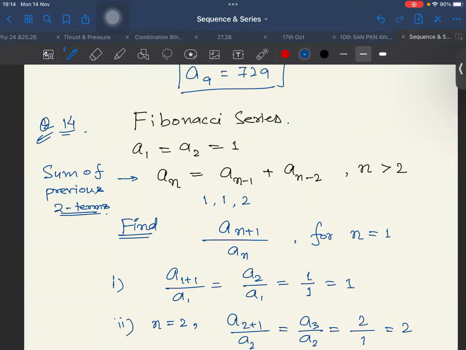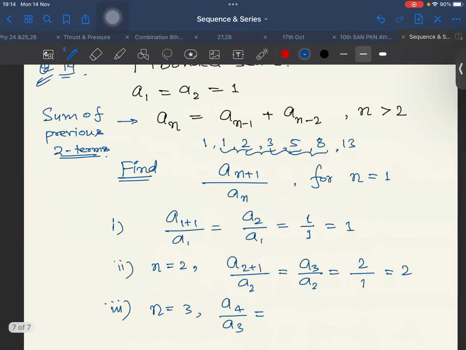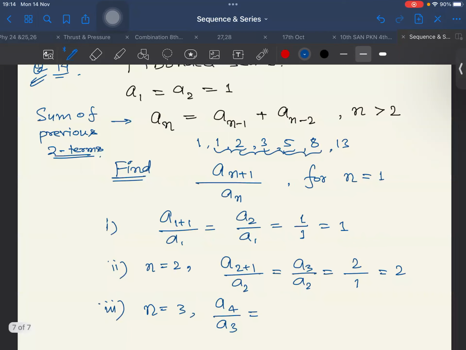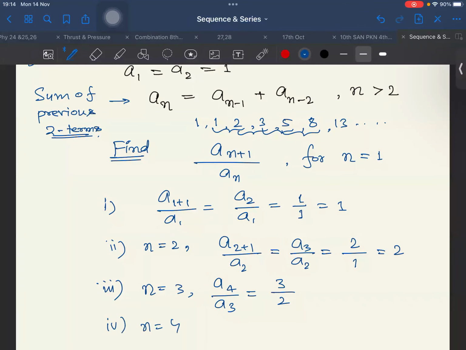Summation of these, 5, summation of these, 8, summation of these, 13, the summation of the previous two terms. A4 is 3 and A3 is 2. So that means 3 by 2. If n is equal to 4, that means A5 by A4 you need to find out. That means 5 by 3. That's what the answer is.